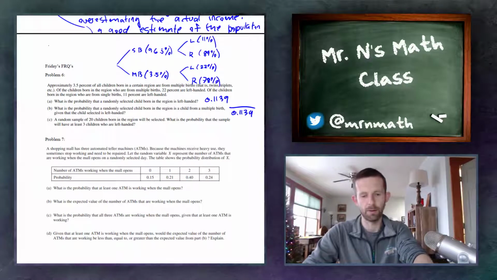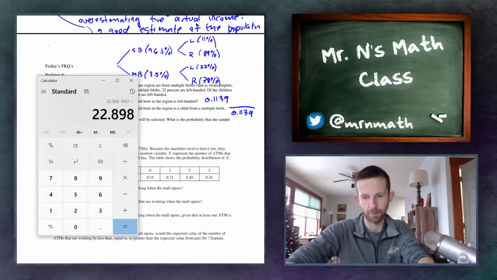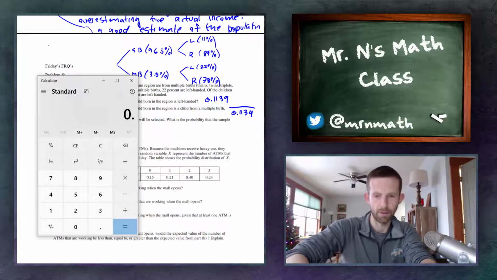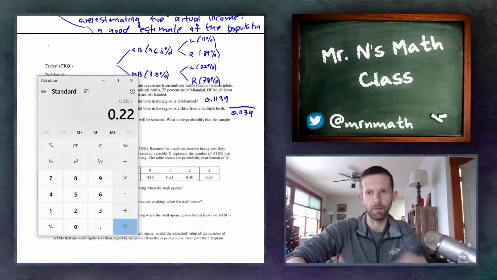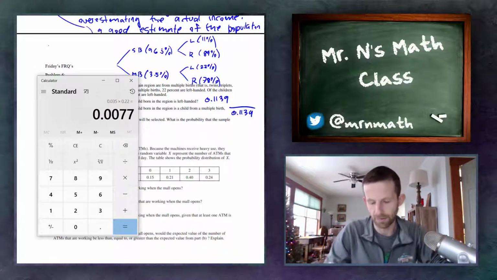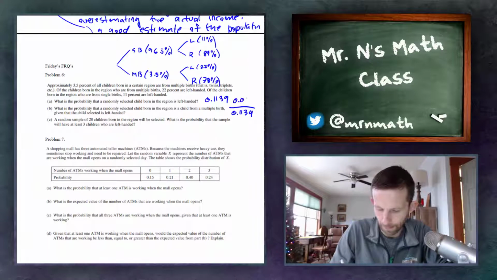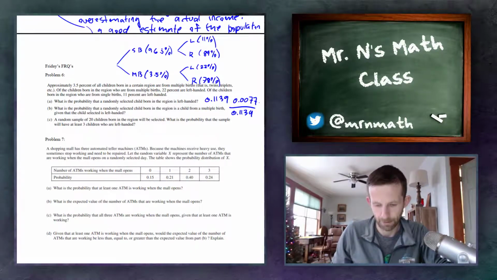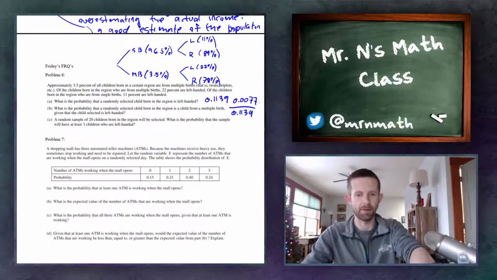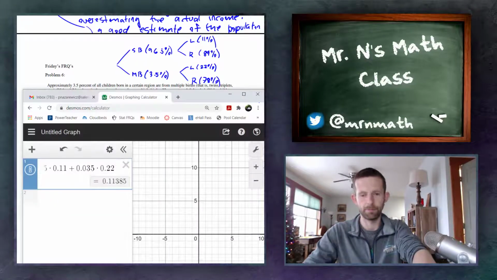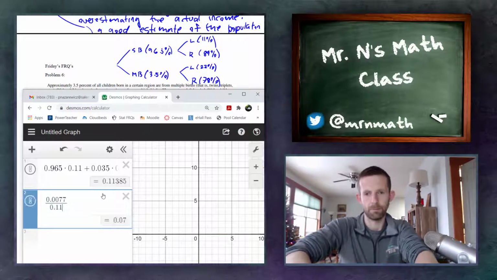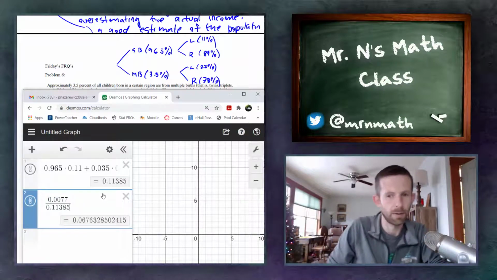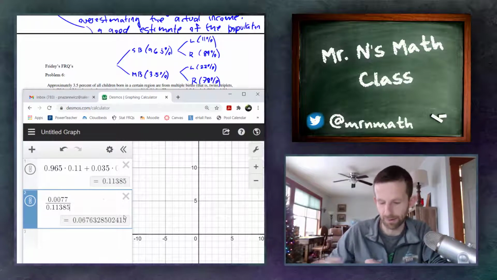So we're going to put 0.035 times 0.22. So 0.0077. So 0.0676.